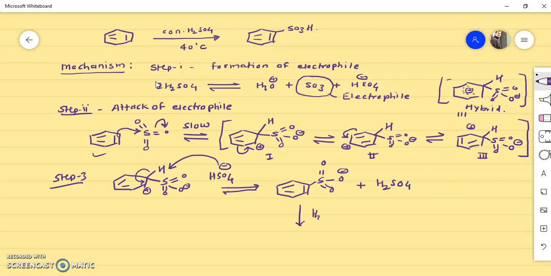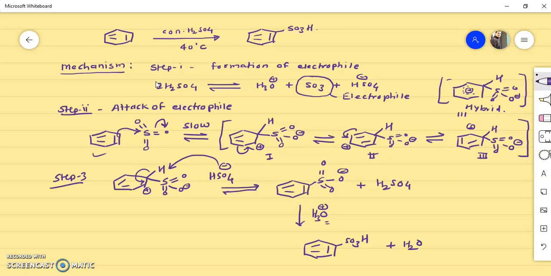Or we can say there are hydronium ions as well. So this benzene sulfonate ion abstracts the proton from this hydronium ion to form this final product, that is benzene sulfonic acid, with the elimination of water. So this is the complete mechanism of this reaction.